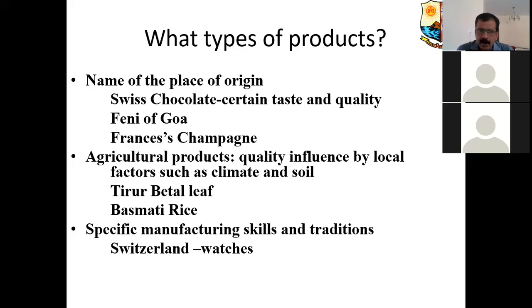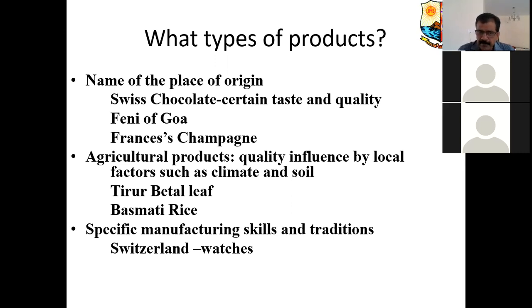It may be climate or soil. Climate of that particular area. Soil quality. Or the way in which they cultivate the product. These are going to matter. In such cases also, they are given the geographical identification tag.